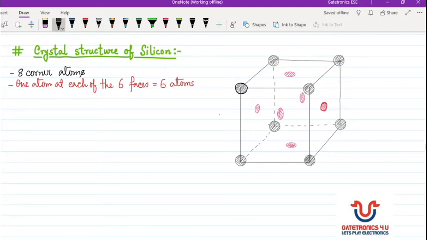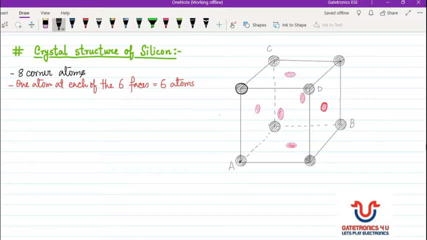Now, along with these atoms, there will be another 4 atoms like this. Let us name this corner as the A corner, and this corner is the B corner, and this is the C corner, and this is the D corner.